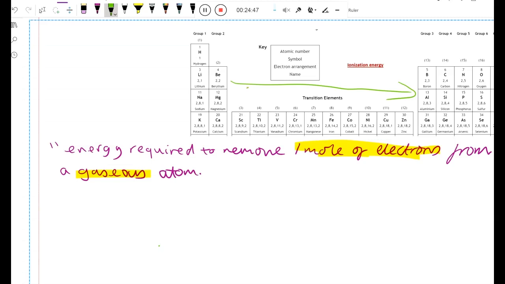So, as you move across a period, your ionization energy increases.